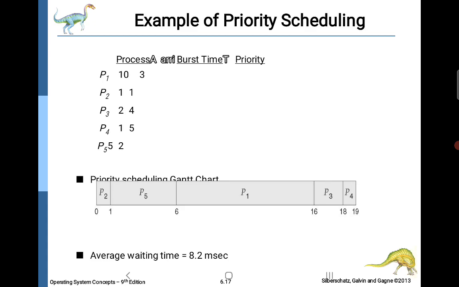Here clearly, the smaller the number is, the higher the priority is. So process 2 was allowed first, then process 5, then process 1, then process 3, then last came process 4.